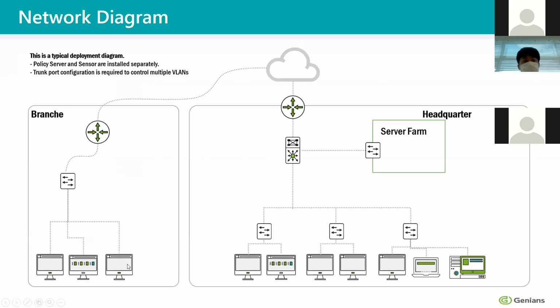So this is the basic Genian NAC network diagram. The policy server, I'm going to explain based on the on-prem environment. When you install Genian NAC in an on-premise environment, you need to prepare hardware, a Genian appliance, or a virtual environment, and then install the policy server software in it.